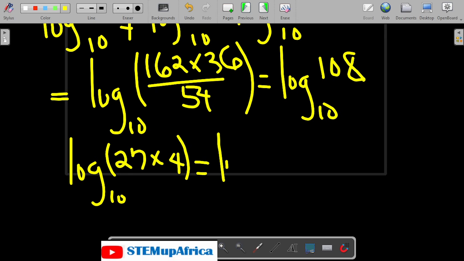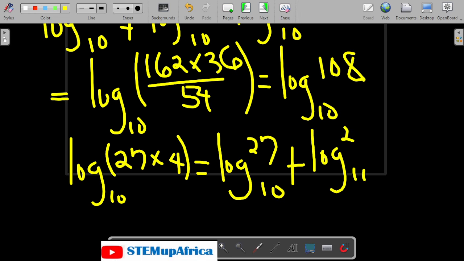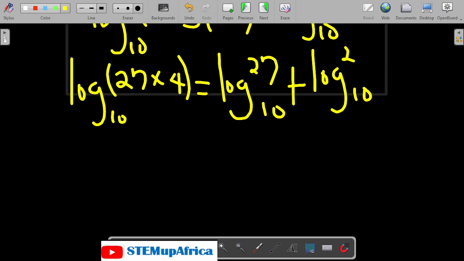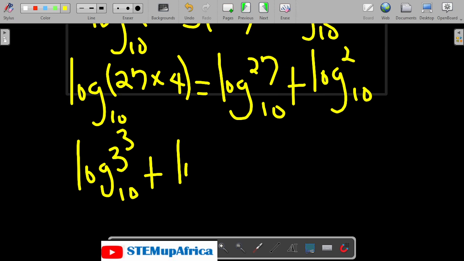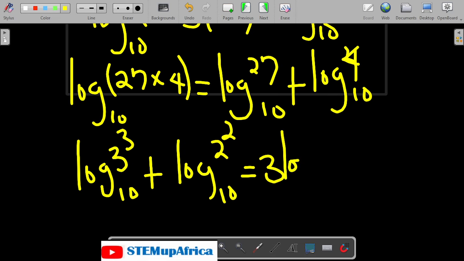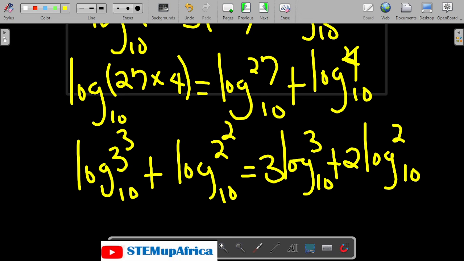It can be written as log 27 in base 10 plus log 4 in base 10. So this gives log of 3 cubed in base 10 plus log of 2 squared in base 10, which is 3 log 3 in base 10 plus 2 log 2 in base 10.